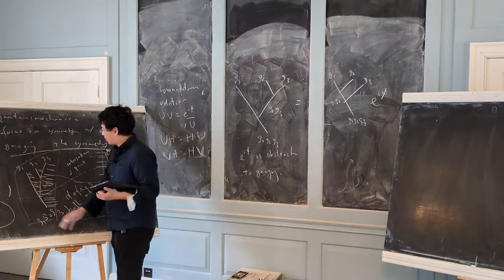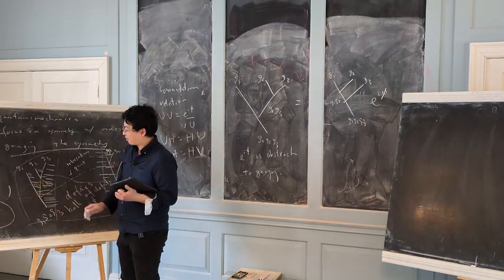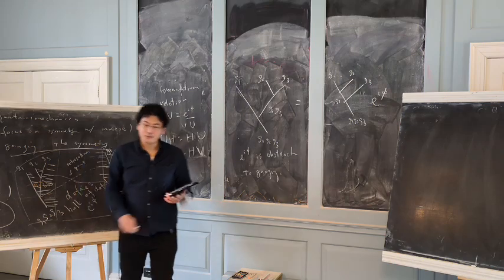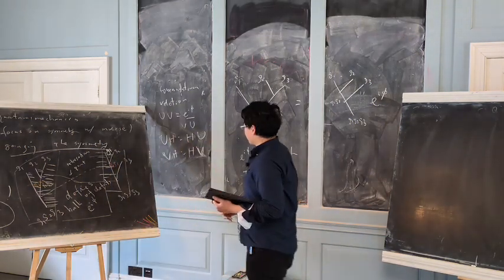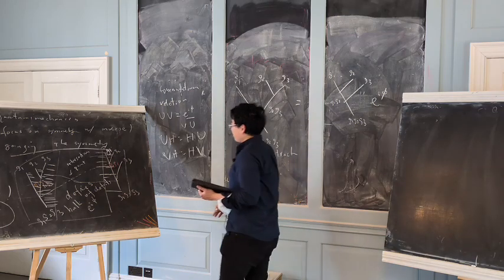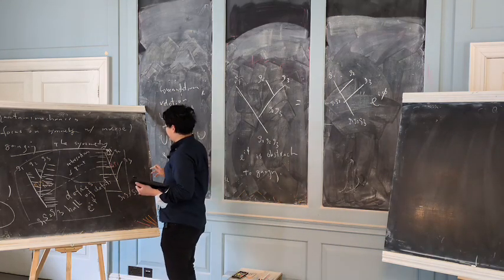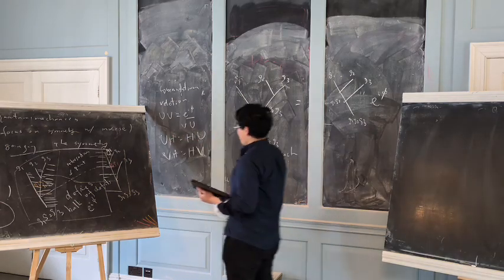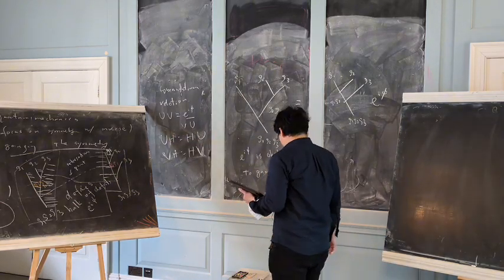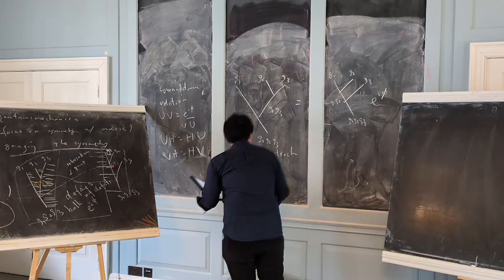So this is how the description of symmetry defects is related to the transformation in quantum mechanics that I explained earlier. So this is the construction of a 3D bulk from a 2D theory. You can also do the same thing for quantum mechanics.